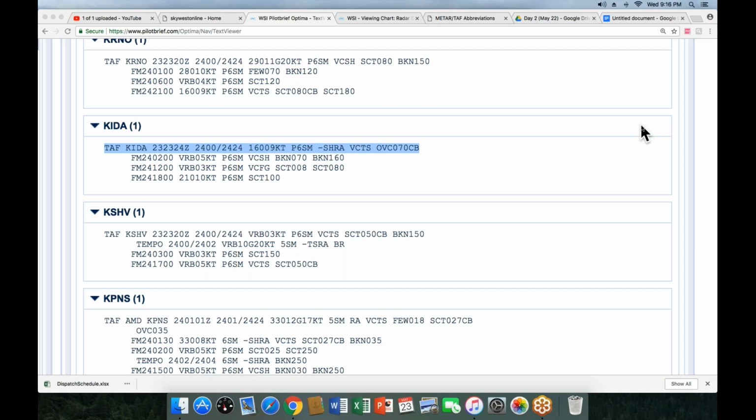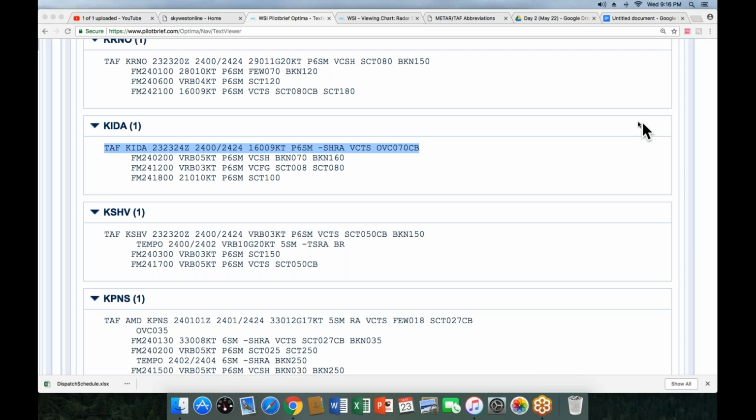It's just meaning that it's probably going to be unlimited visibility. So the greater than 6 miles just means that you're going to be able to see a long ways. Okay. And then light rain and showers. Thunderstorms in the vicinity, overcast at 7,000 with cumulonimbus clouds. Yeah.